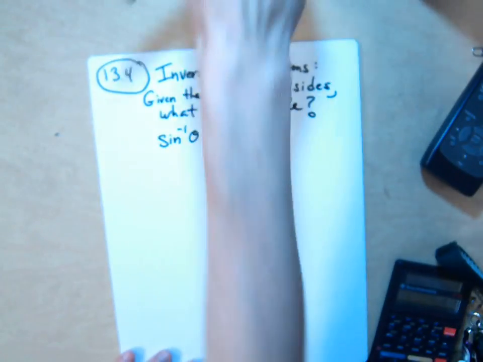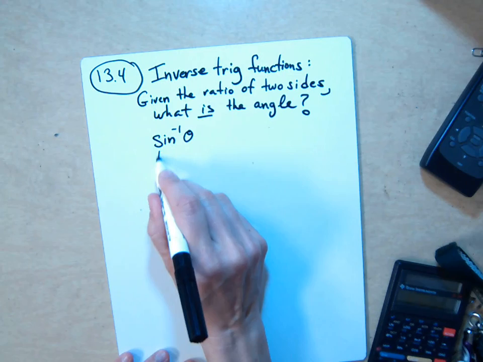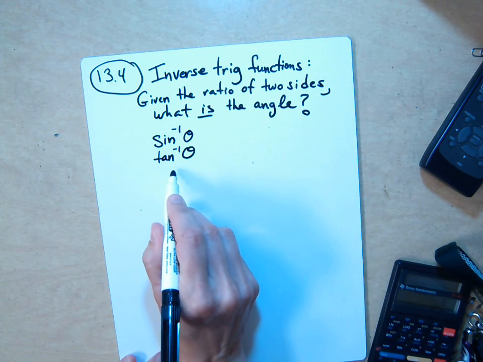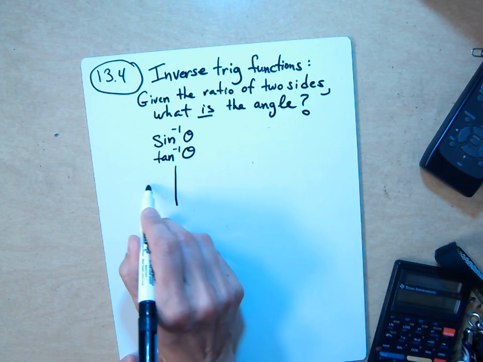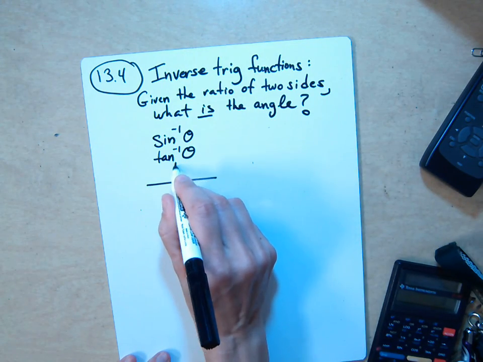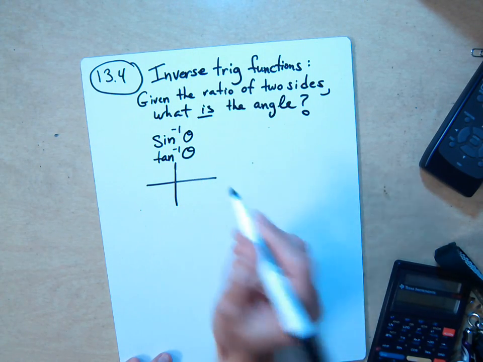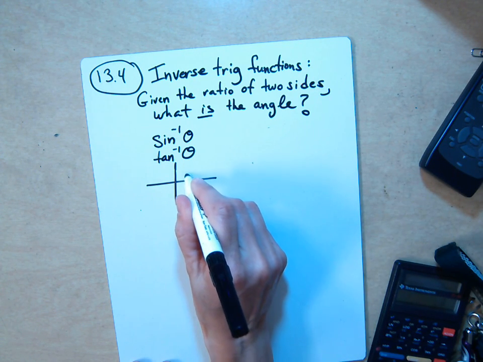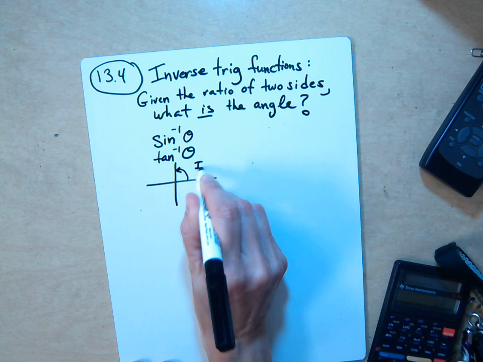So sine inverse and tangent inverse are only defined in order for them to be functions, because, as you'll see in the examples, there would be more than one answer possible. We can only have one answer to be a function. It is only defined in quadrant 1 and quadrant 4.